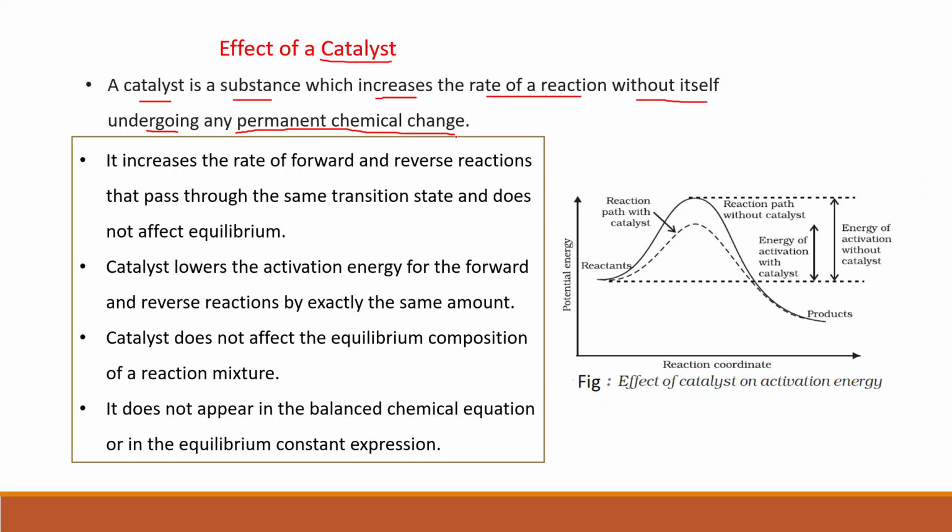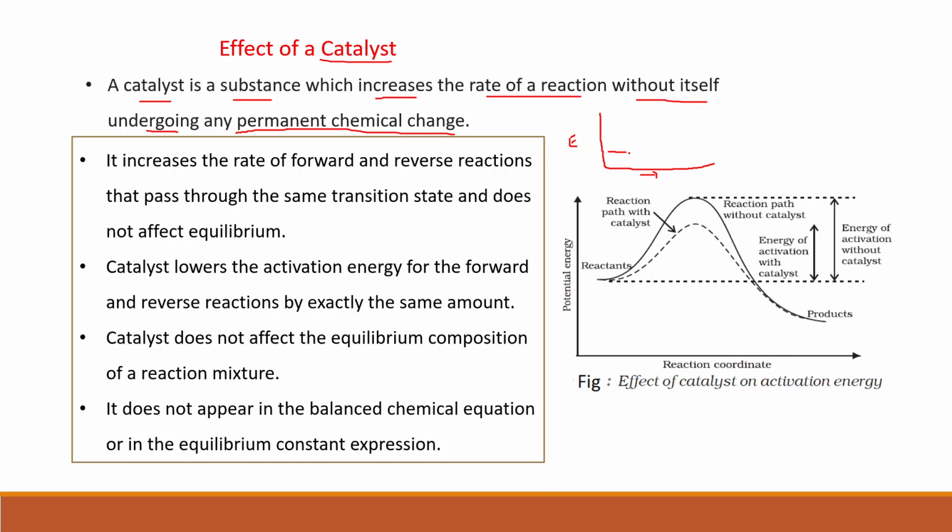Before we discuss the effect of catalyst, let us discuss the progress of reaction. Suppose this is the reaction coordinate, and this is energy. This side we are taking the reaction coordinate, and these are the reactants.